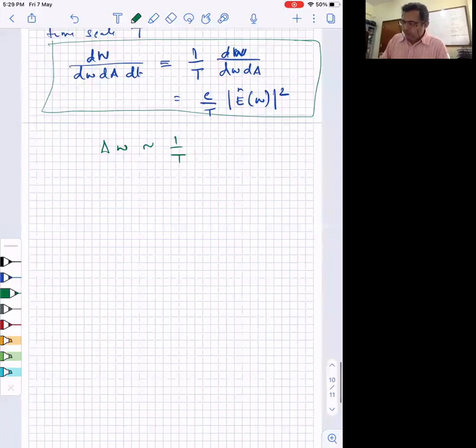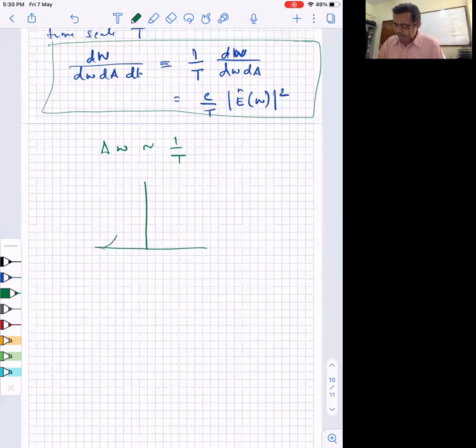So let me draw some pulses, including one with damping, and try to see what we find in the time domain and what we find in the frequency domain. Later we will do the calculations explicitly, but now I'm just going to give you an example. Suppose I have a pulse which is basically something like this.